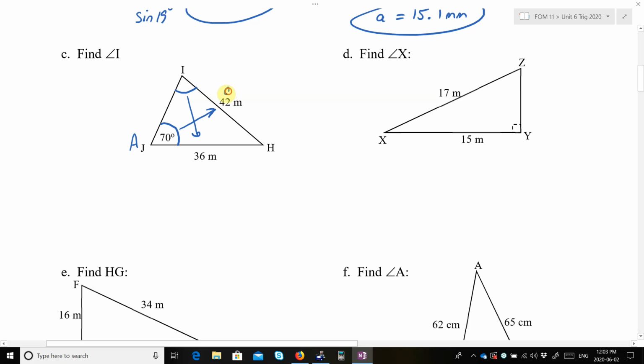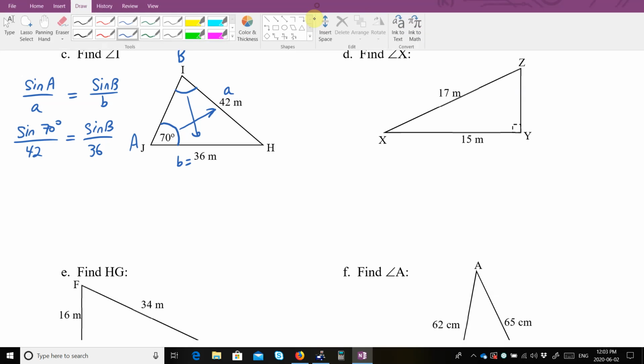So we could call this A and little a, and this B and little b. And you can say sine A divided by a is equal to sine B divided by b. So I would simply go sine of 70 degrees divided by its opposite side, which is 42, equals sine B divided by its opposite side, 36.